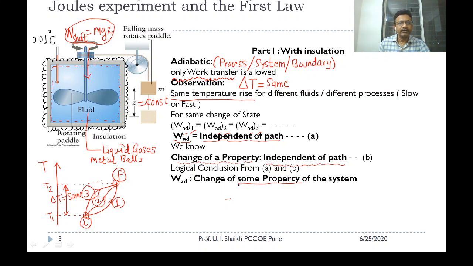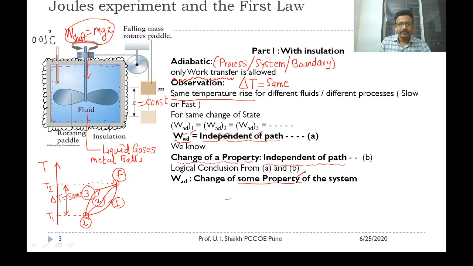So due to application of work in an adiabatic way, some property of the system is changed. What is this property that must be changing? We can think of this. Our scientific intuition tells us that this property must be some kind of energy of the system which is changing during this process.